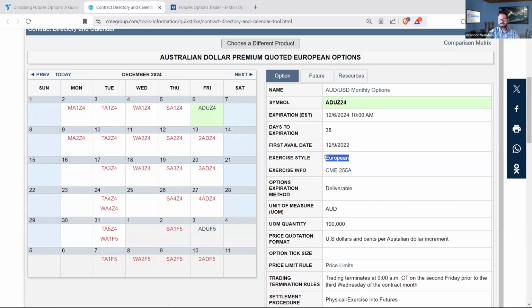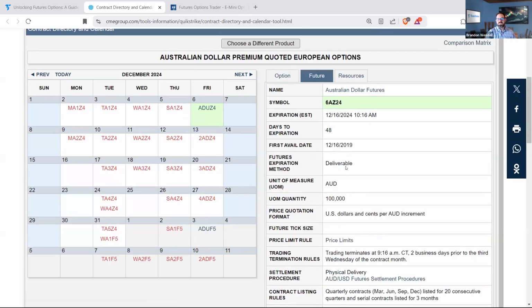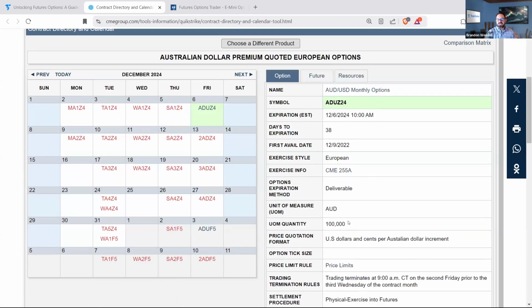It is European style. And now my point value is 100,000. So if I want to trade the Australian monthly, it's based on the underlying futures contract, which is deliverable, but it's not going to be deliverable when we deal with it expiring on the same day as the option and the future. But I would just multiply whatever I see on my chain.